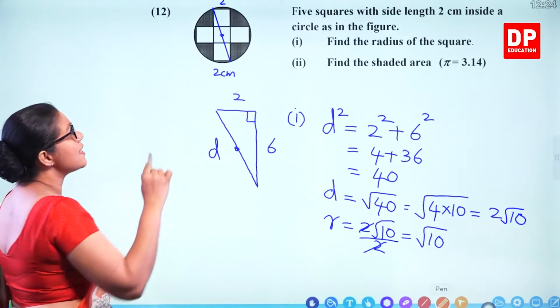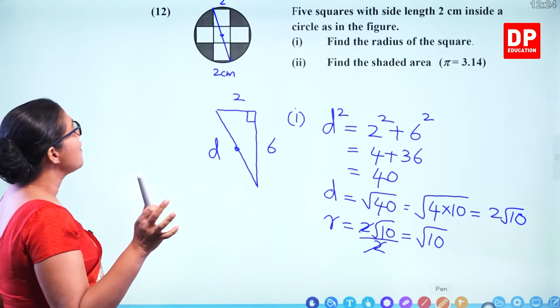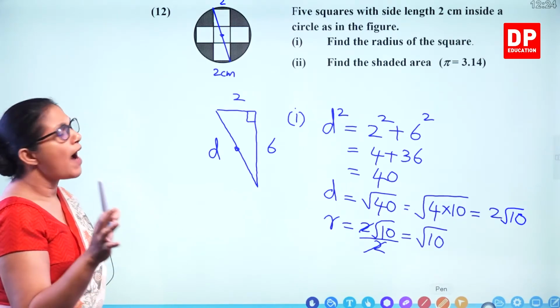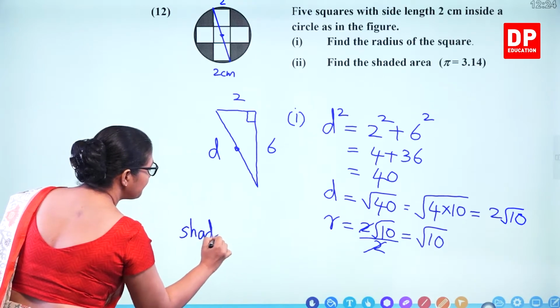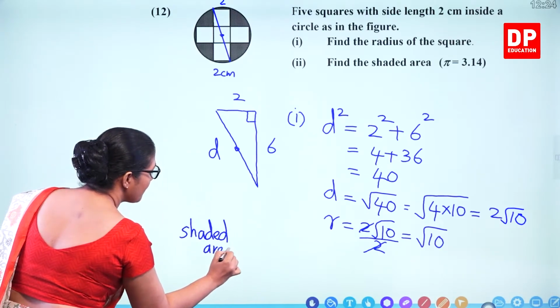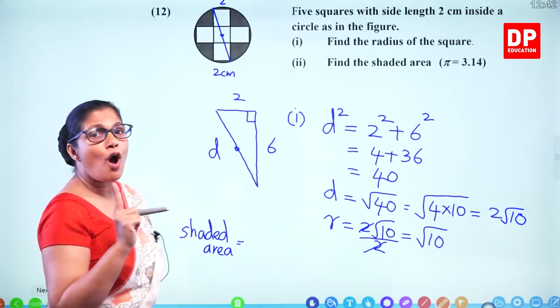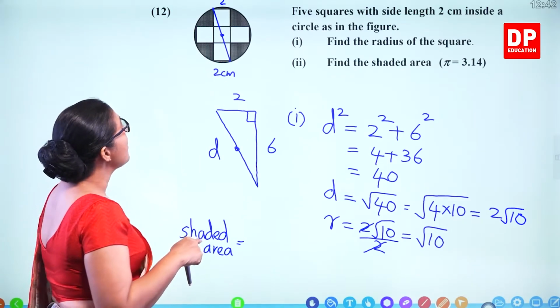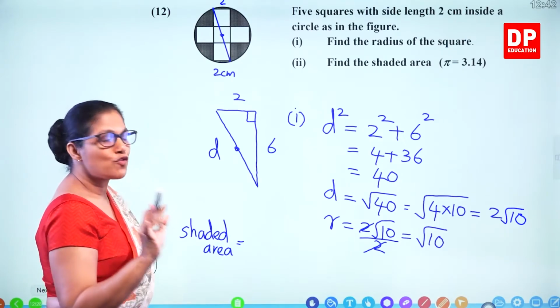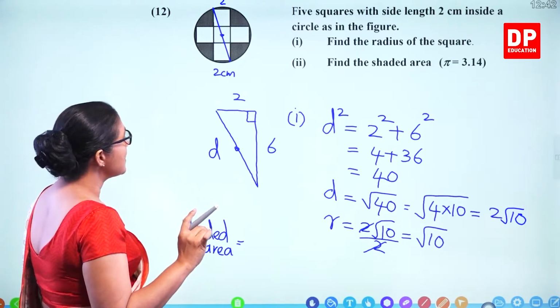Area of the circle minus area of the 5 squares. So shaded area is area of the circle minus area of the 5 squares. So what is the area of the circle?